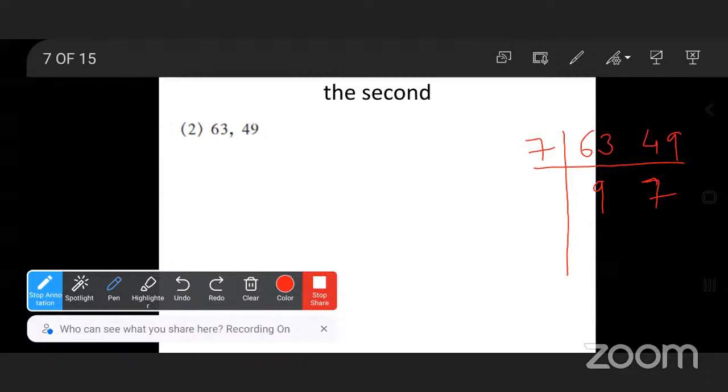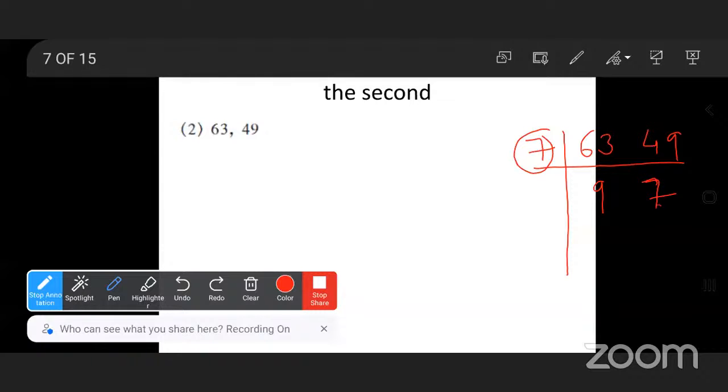And you all know that 7 does not come in the table. So the HCF, the highest common factor that you get, is 7.